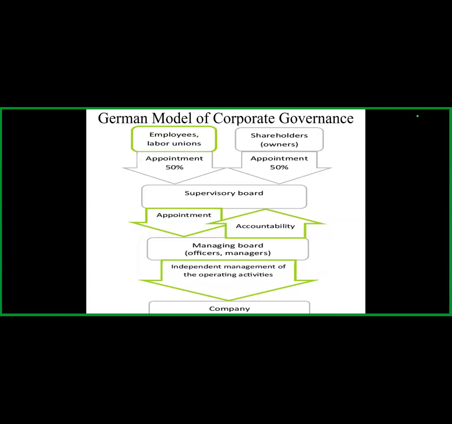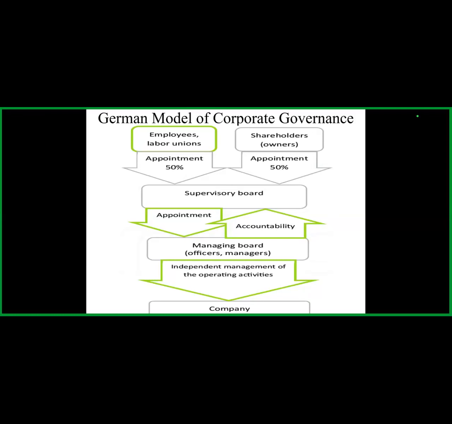So the supervisory board will appoint the management. That means the senior officers, senior managers will be appointed by the supervisory board, and this managing board will be accountable to the supervisory board.